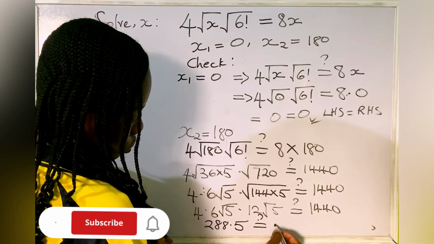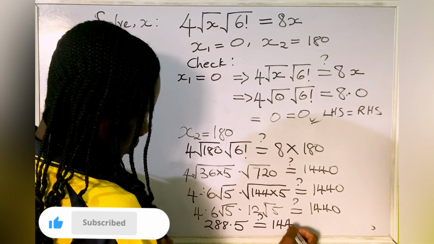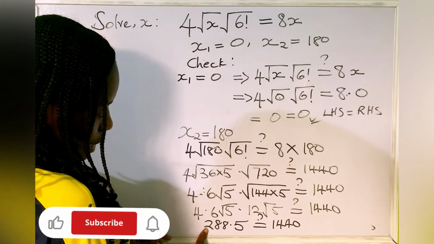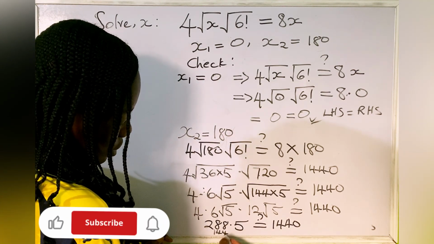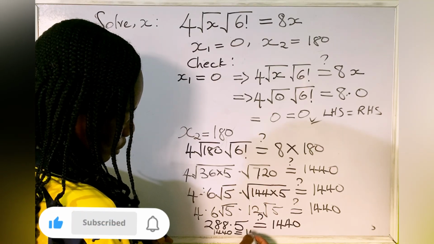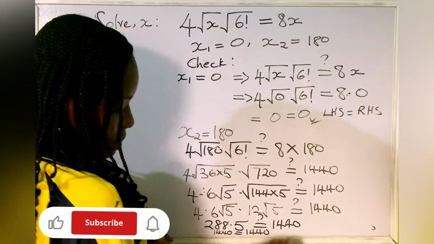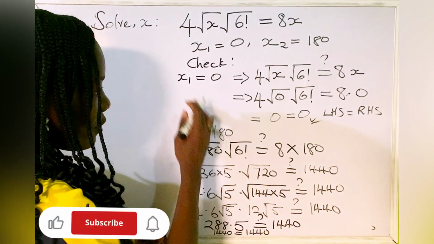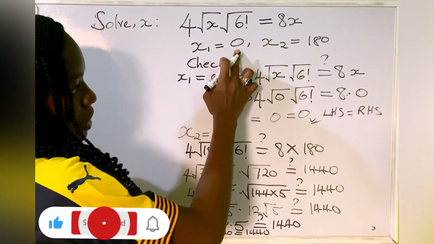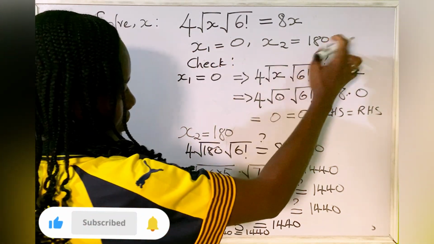Is it equal to 1440? Now when you multiply this by this, you will have 1440 is equal to 1440. So this means that our left hand side is the same as our right hand side. Therefore, our answer for x1 equal to 0 and x2 equal to 180 is correct.